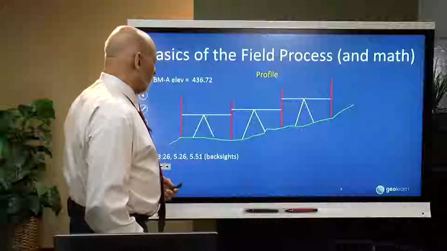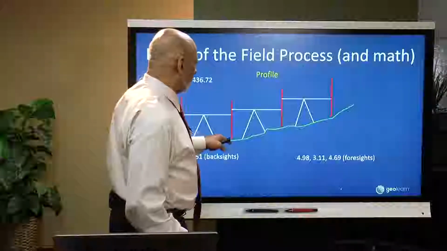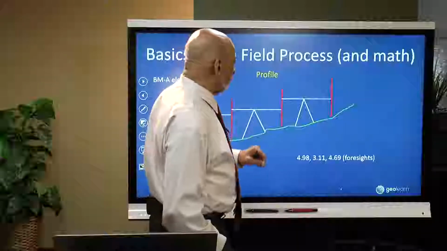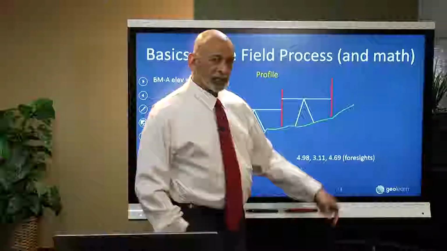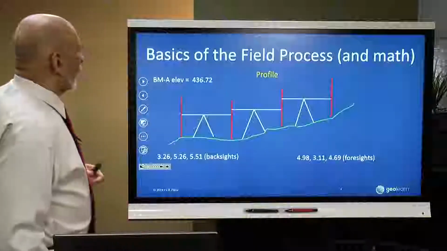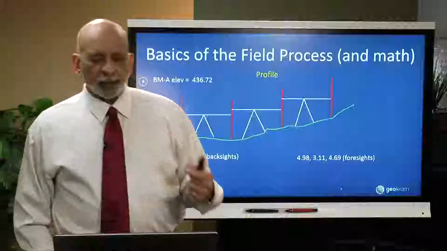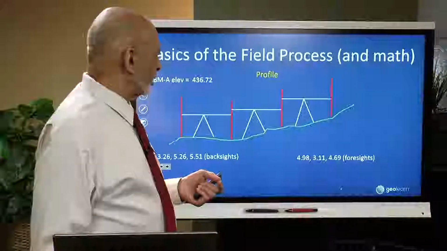And then we also have foresights, and in this case we have foresight of 4.98 to the first turning point, 3.11 to the second turning point, and 4.69 to this ending point, whatever we might want to call it. Now, you notice I have the word profile thrown in here. That's because there are 2 ways of sketching the field process.